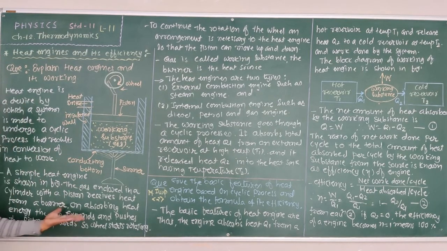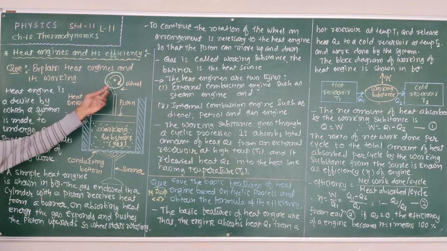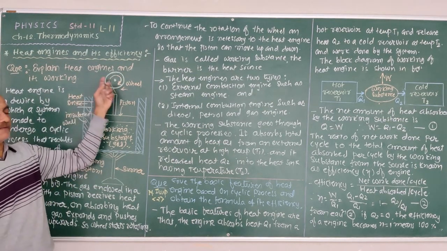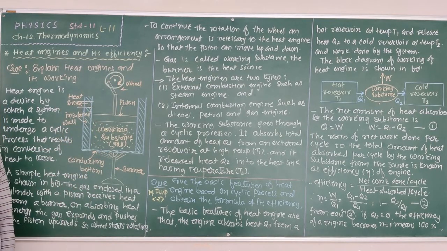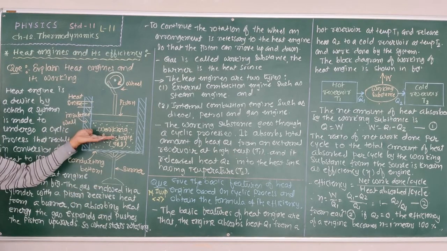So due to the expansion of the gas, the piston pushes up and the wheel starts rotating. To keep the rotation of the wheel continuing, an arrangement is necessary in which the piston can move up and down periodically.